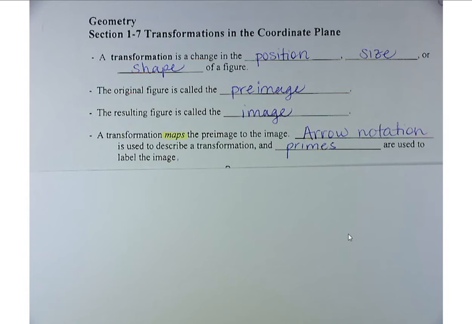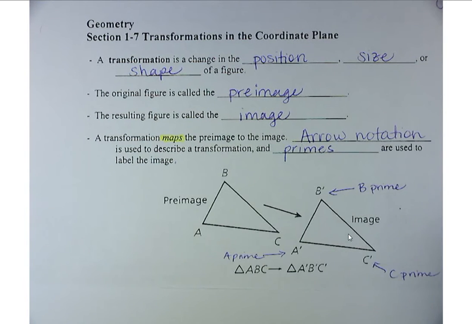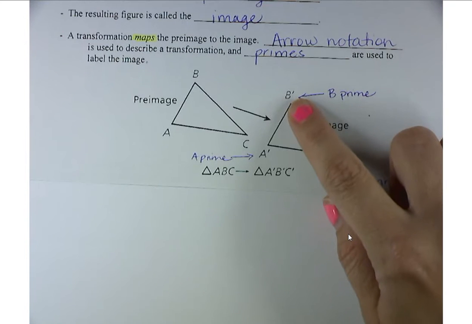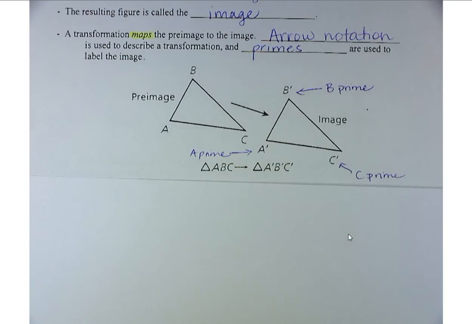You're going to notice in that diagram below that the pre-image has just A, B, and C. And then with the actual image, there are these little marks. They look like what? Apostrophes, right? They look like apostrophes. The way that you read that is A prime, B prime, C prime.